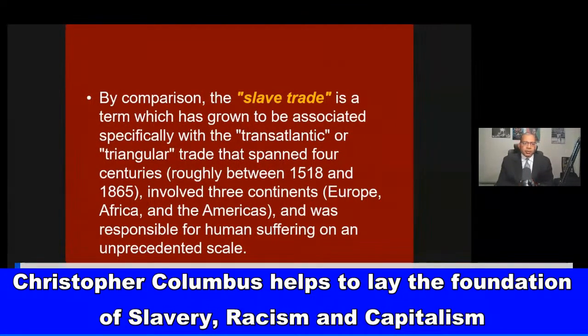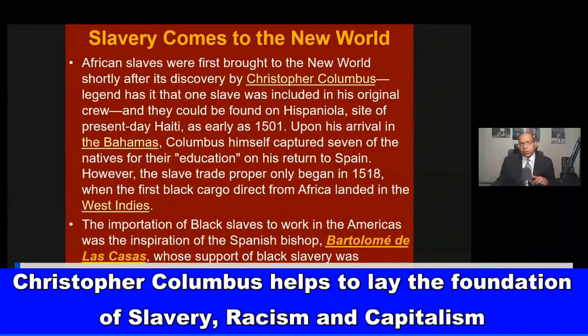This involved 3 countries, 3 continents, Europe, Africa, and the Americas, and was responsible for human suffering on an unprecedented scale. Brazil doesn't abolish slavery until 1888. 1865 is when it is abolished in the United States. Cuba abolishes it in 1886, and it's 1888 in Brazil.